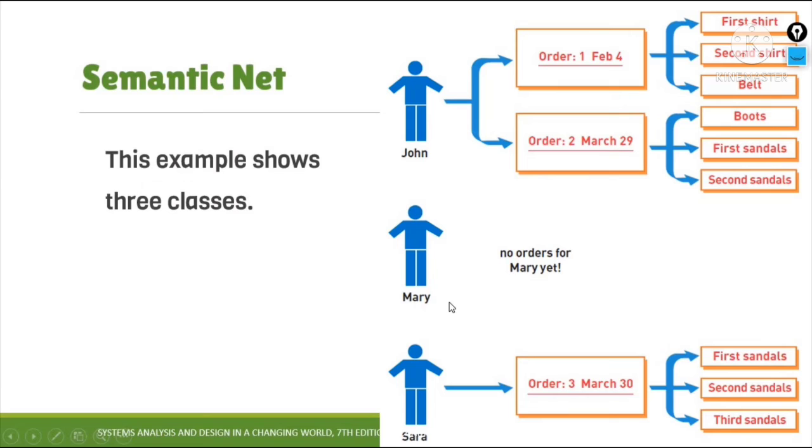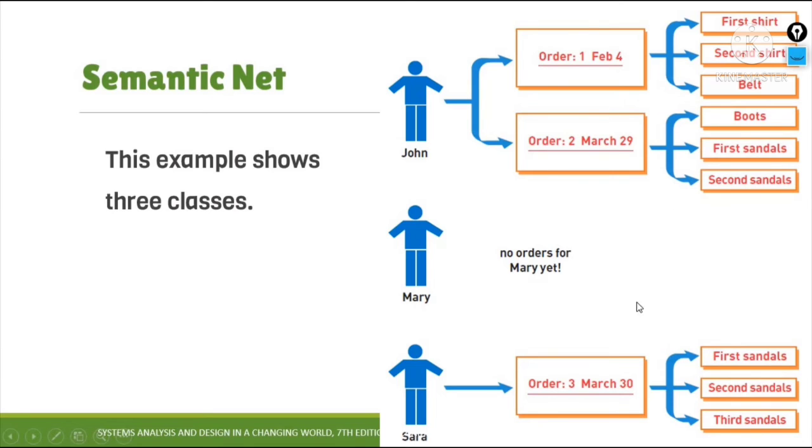Another customer is Mary. Mary is a customer who has not placed any orders yet. Remember that a customer might place 0 or more orders. Therefore, Mary is not associated with any orders. And finally, Sarah placed an order on March 30 for 3 pairs of sandals.